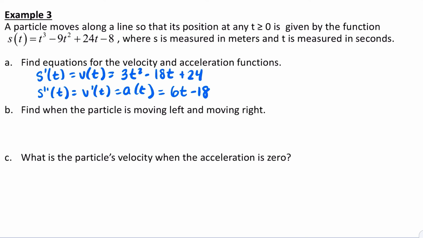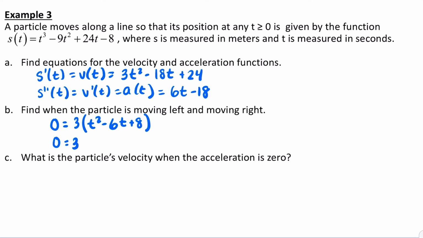Okay, find when the particle is moving left and moving right. So first I have to set my velocity function equal to 0. Notice in my velocity function, each one of those coefficients is a factor of 3. So I'm going to factor out that 3.